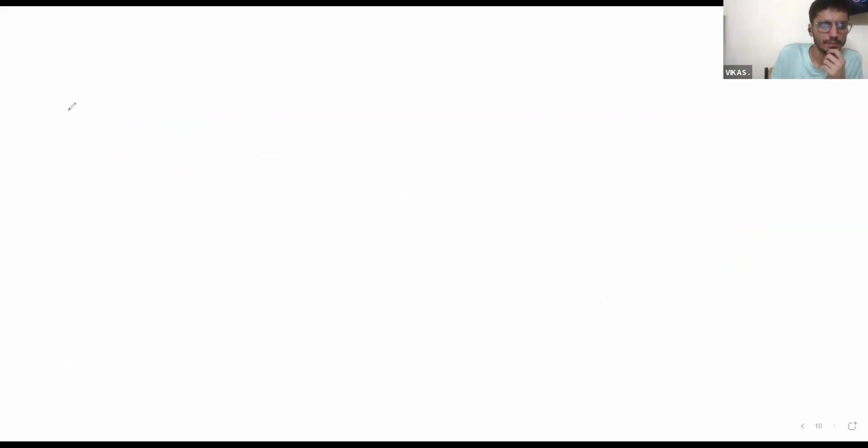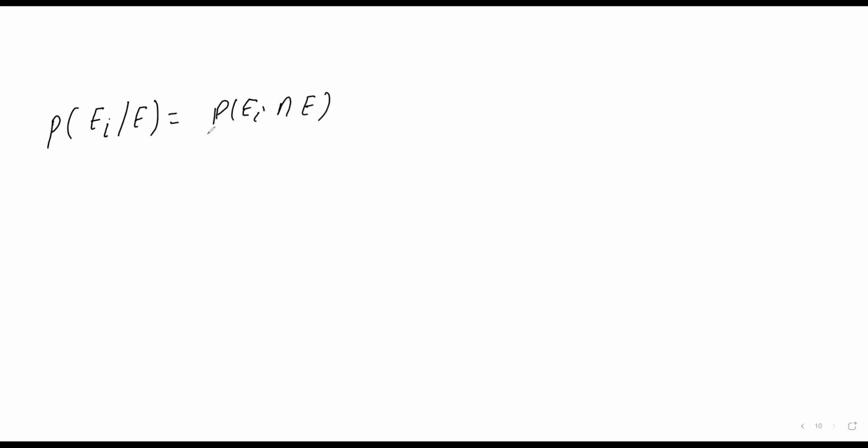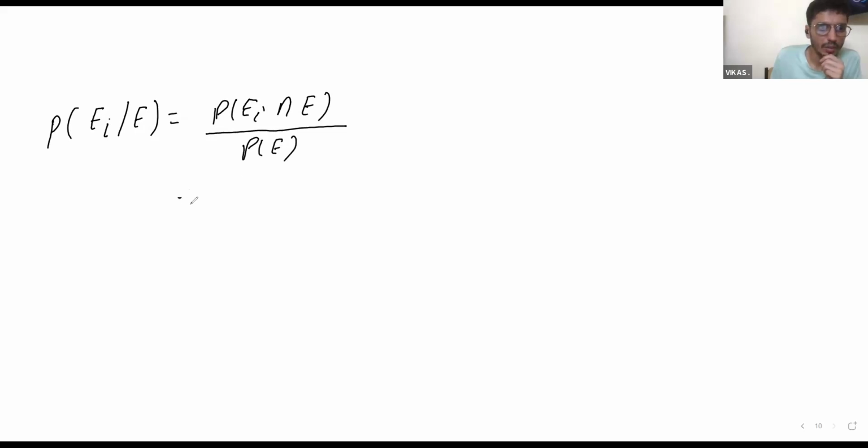If somebody asks what is the probability of Ei given E, where E has already occurred, mathematically I can write it as probability of Ei intersection E over probability of E. I am taking the same example, and I can write it as probability of E given Ei.